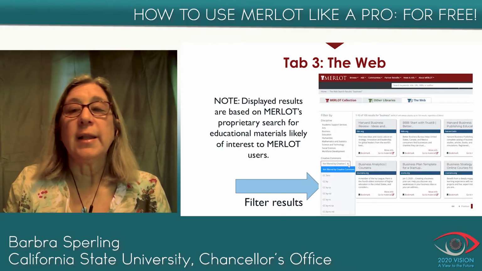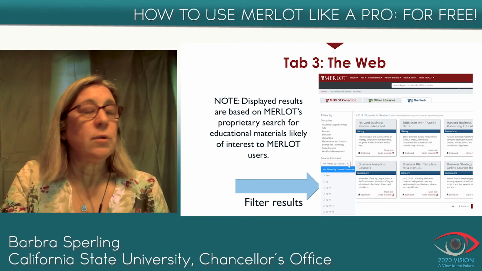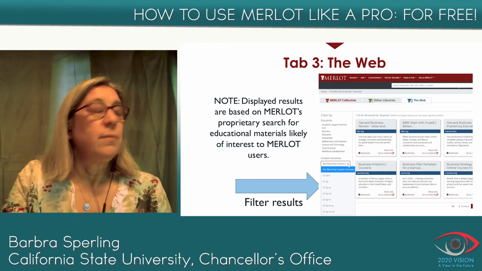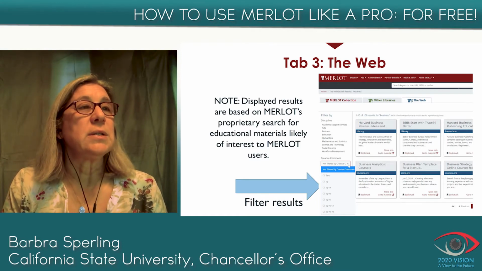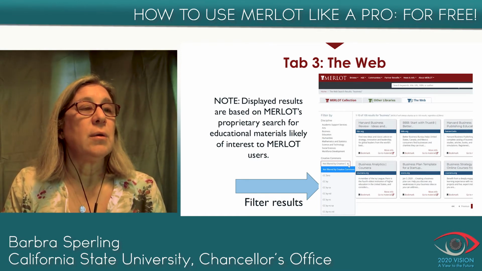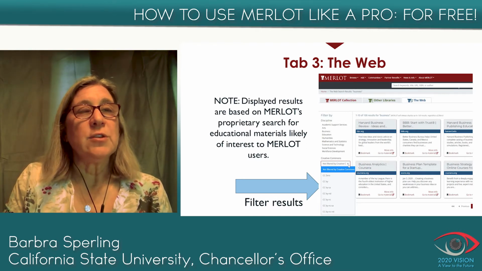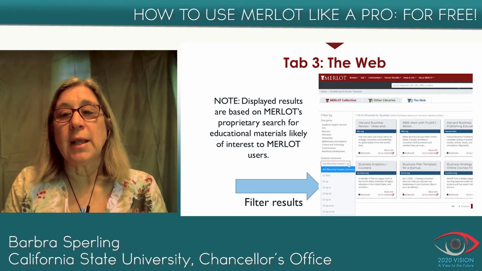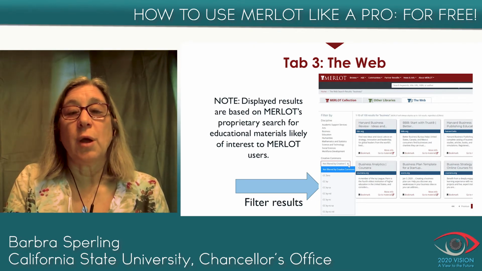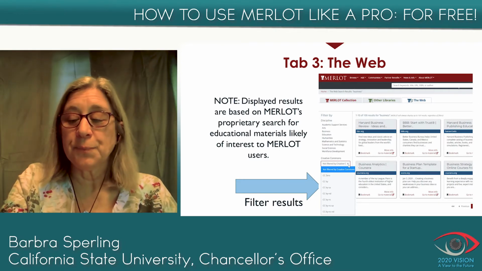And you can see on the left here that, again, you can filter your results by Creative Commons license and discipline to find materials that fit your criteria. Based on these three tabs, and I'm a little biased here, I like to say if you can't find what you're looking for, what you're looking for probably doesn't exist.